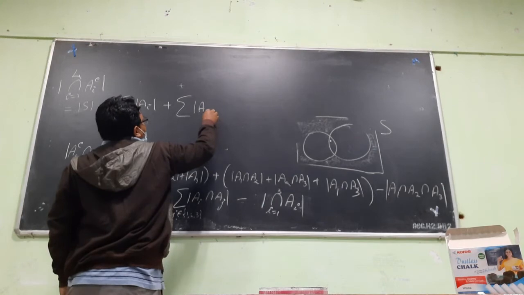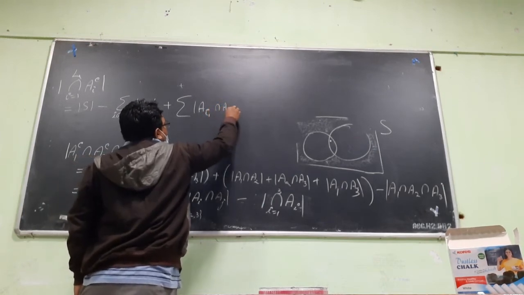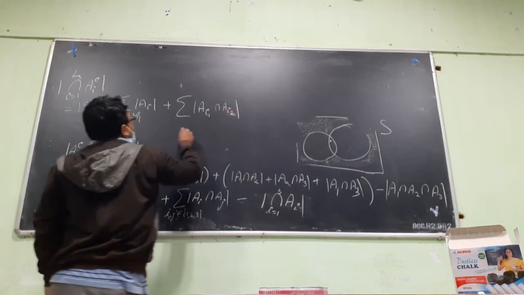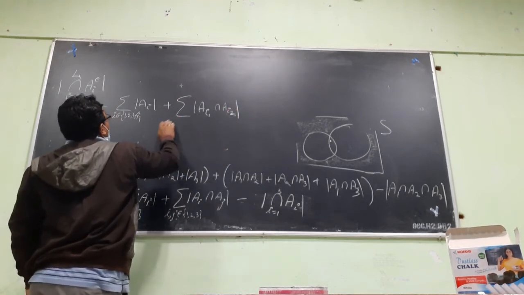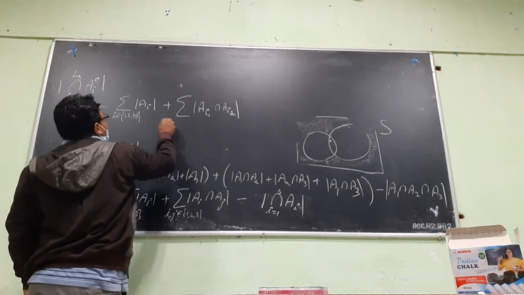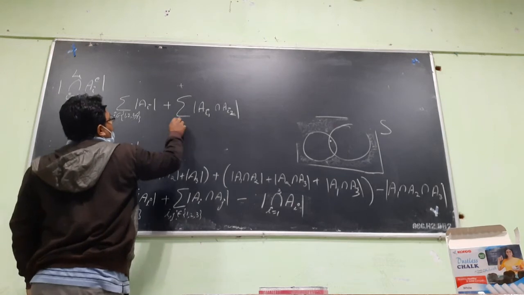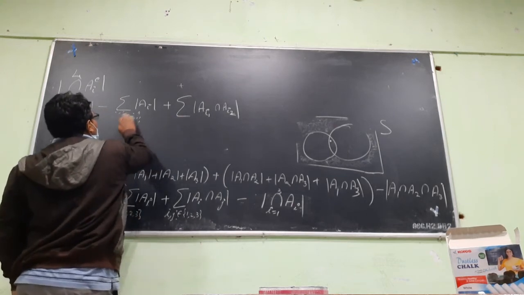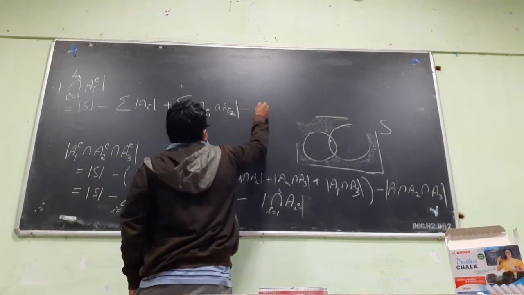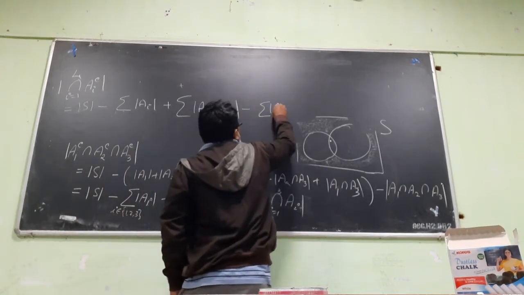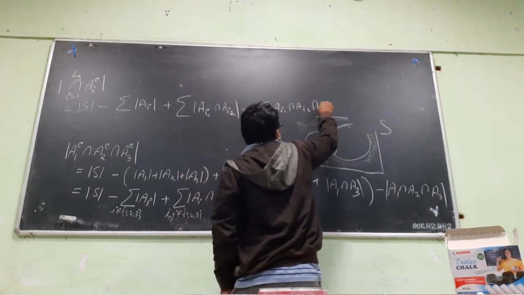Say Ai1 intersection Ai2. So just let us write with this. Summation of this, minus summation of Ai1 intersection Ai2 intersection Ai3.